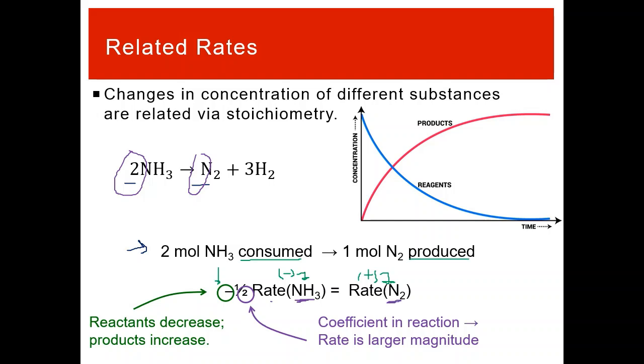That means the rate of NH3 will inherently be larger because the coefficient is larger in the reaction. And in order to normalize them, in order to make them equal, you divide by the coefficient. N2 has a coefficient of 1 in front of it, so you just divide by the 1, which doesn't show up. So the two things we want to account for when relating rates are the sign, based on which side of the reaction it's on, and what the coefficient is, to normalize it out.